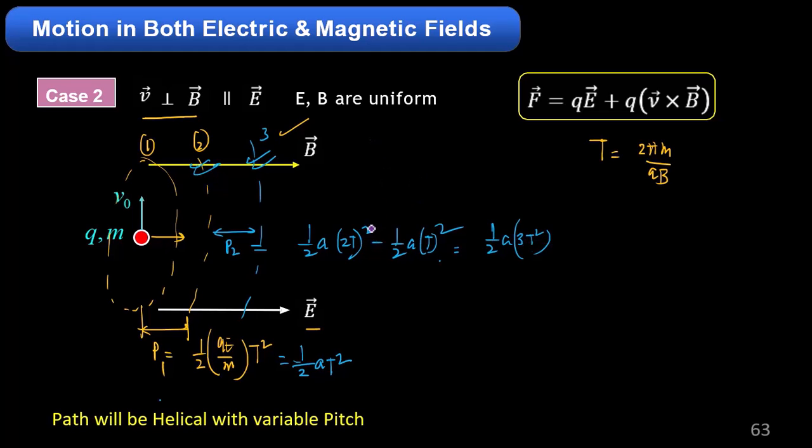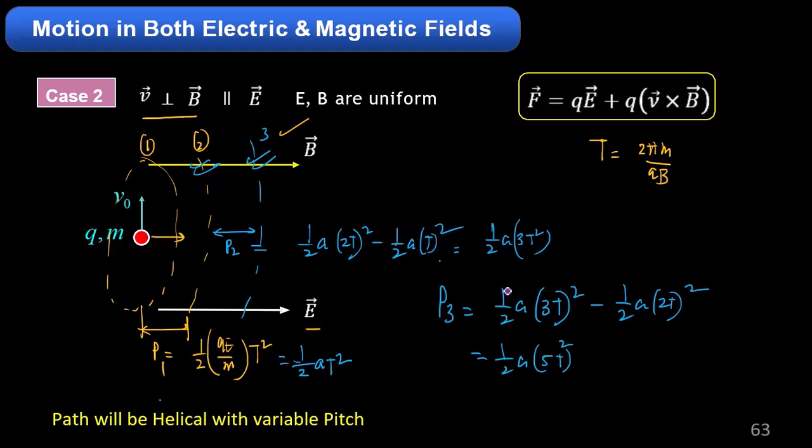Similarly, the third pitch P3 can be written as half a into (3T) whole square minus half a into (2T) whole square. That is 5, so half a into 5T square. So gradually the pitch is increasing. It is a variable kind of pitch.